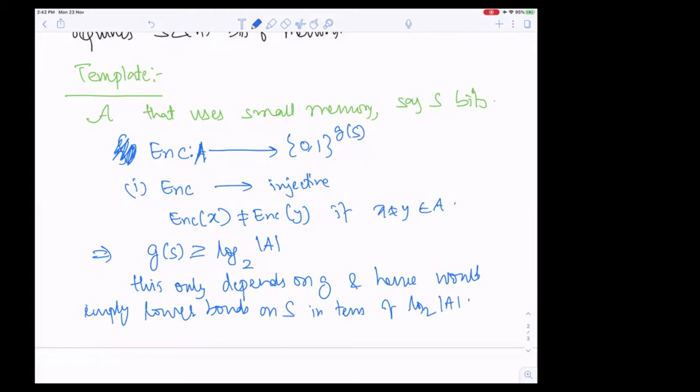So our whole template will be that we will use this algorithm to come up with a function, which we'll call encoding, from a set A to {0,1} to the power g(S). But the only property of this function will be that it is an injective function. Okay, it means two elements in A will map to distinct elements in our range, which implies that g(S) is greater than or equal to log base 2 of |A|.